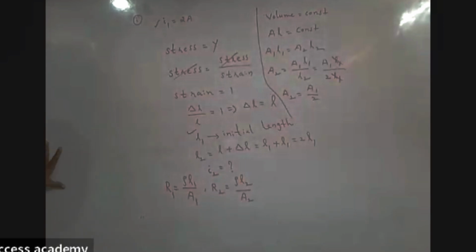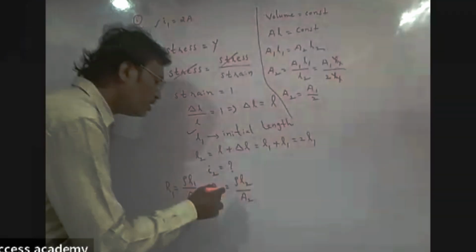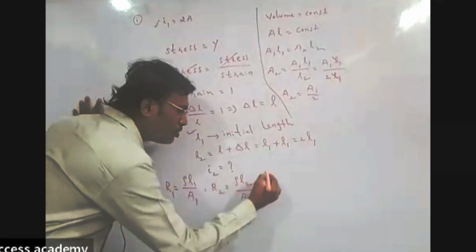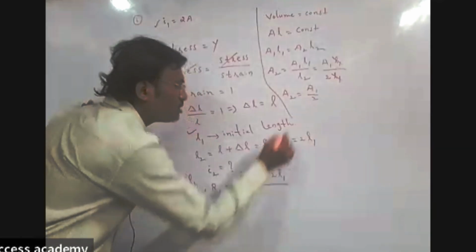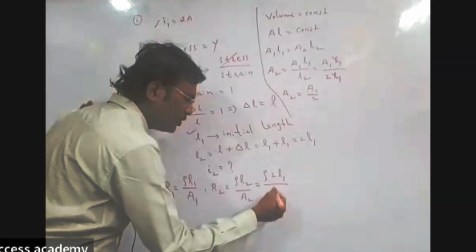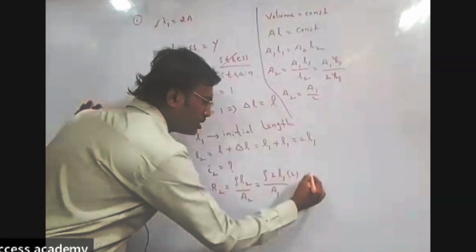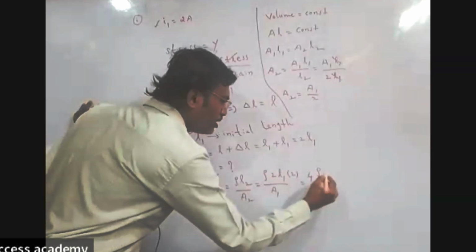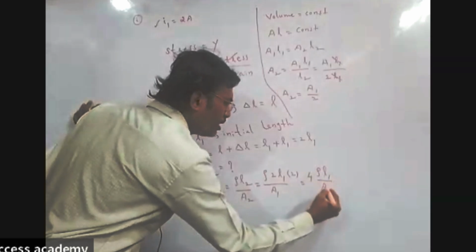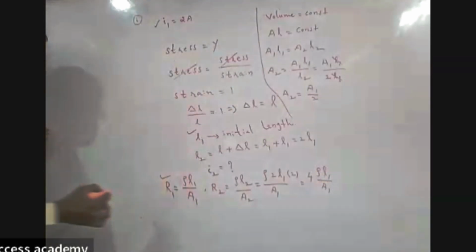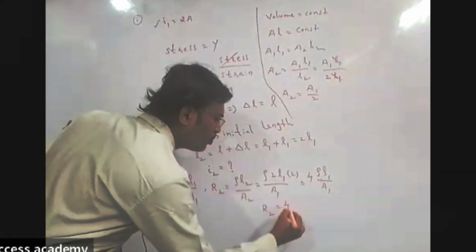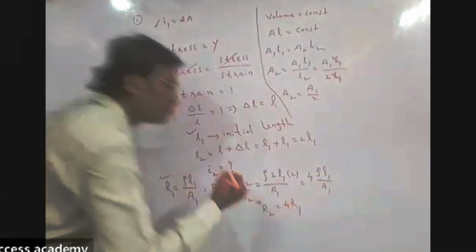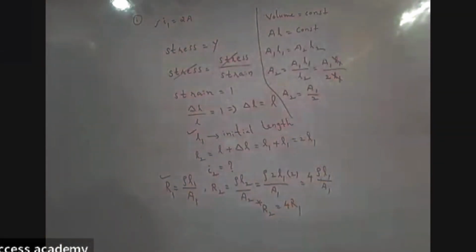Listen carefully, this value rho L2 is 2L1 by A2, which is A1 by 2. The 2 goes to the numerator like this. Then 4 rho L1 by A1. Rho L1 by A1 is equal to R1. So R2 is equal to 4R1. This is one condition we got now. R2 is equal to 4R1.